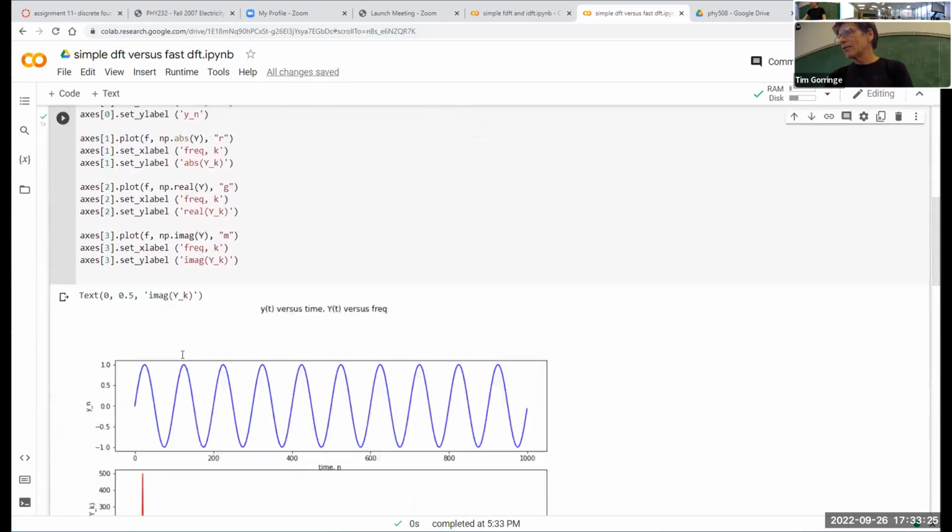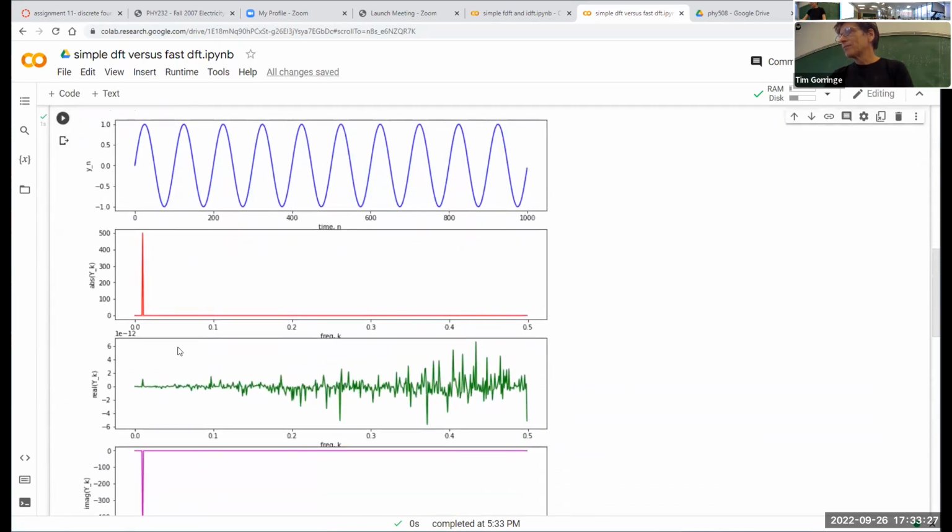So let's just look at what I get out of this. Upstairs here is the data in the time domain. So we said that was just a simple sine wave, amplitude 1, 1,000 samples. That's the horizontal range of the plot, and it's going to be 10 complete cycles because I made the period 100. So that's the data I started with.